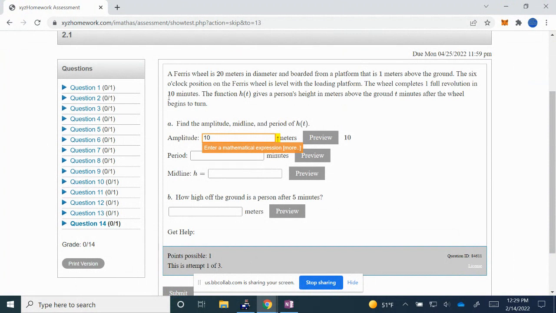The period is the amount of time it takes to complete one revolution, so that's 10 minutes. They give us the unit of minutes. And then we have the midline. The midline is the amplitude, which is 10, plus 1 meter, to account for the height of the loading platform. So the midline is 11.